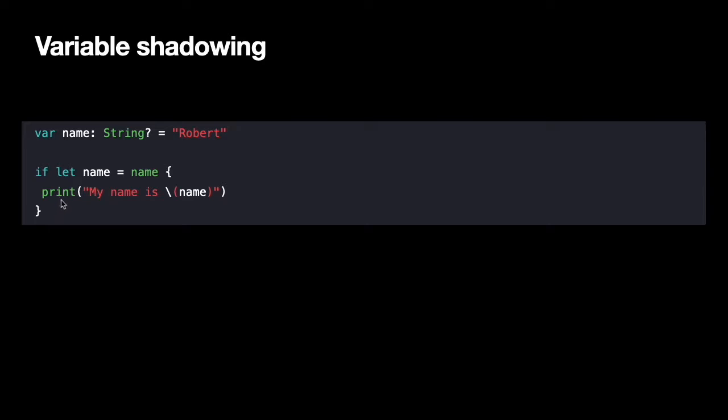And then for this print statement, my name is name, well, which name is this one referring to? Is it referring to this name here, which is local scope, or is it referring to the global scope? And the answer again is the name will always refer to the one that has the closest scope. So instead of using the optional name, this name here, we'll use the non-optional name that we unwrapped.